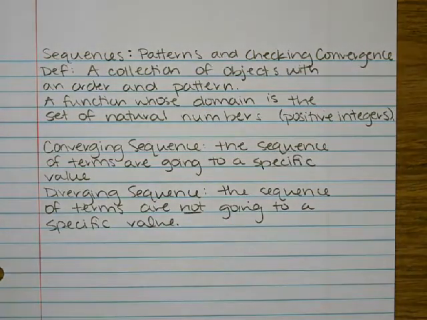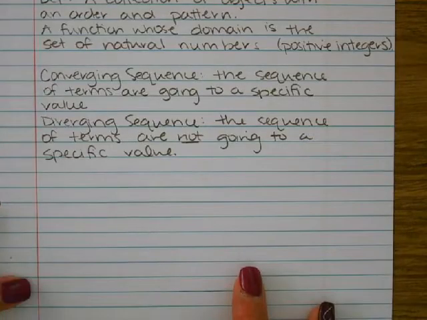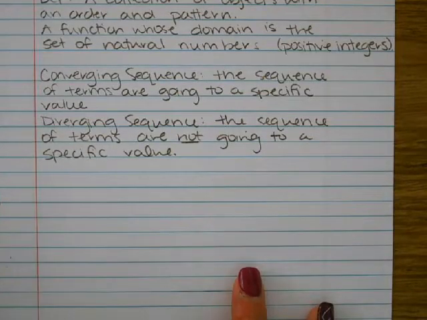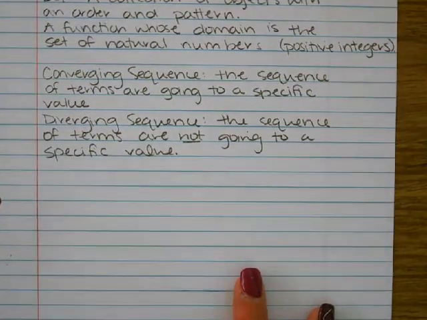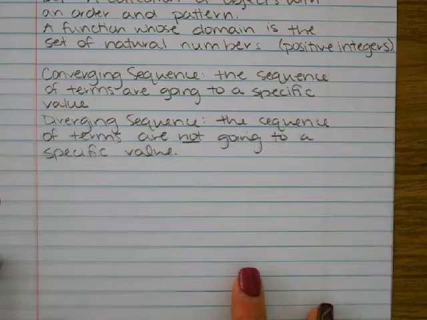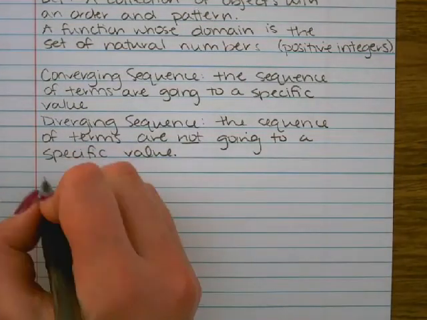All right, so next we want to look at how we can determine if it's converging or diverging, maybe in a situation where it's not super obvious. The example I gave you is pretty obvious, but they're not always. So here's how we determine.